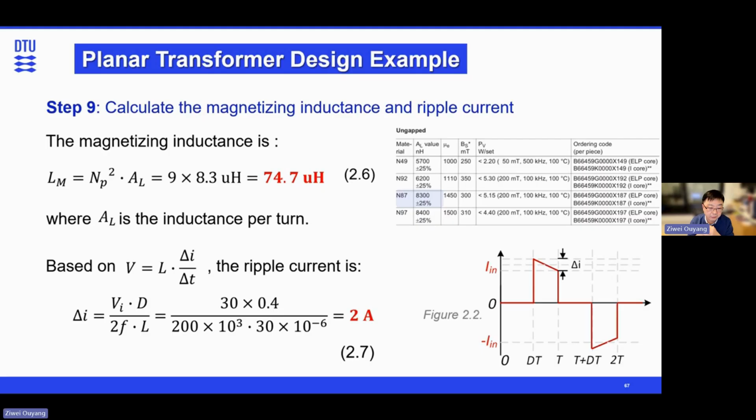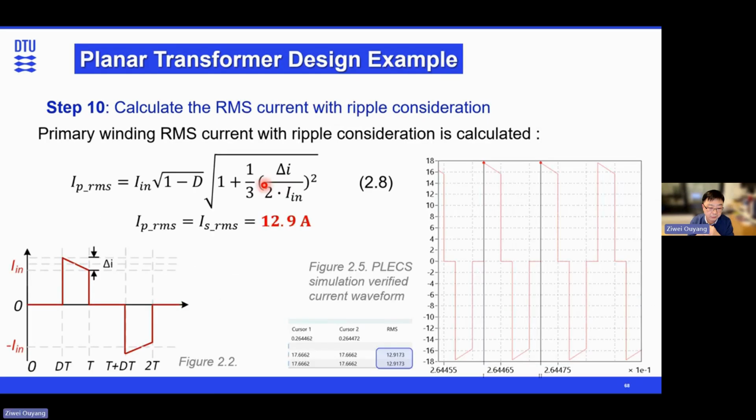And then we know the next step. Once we know this ripple, the next step is to calculate the RMS current of the winding, and we can use the RMS equations to calculate this.